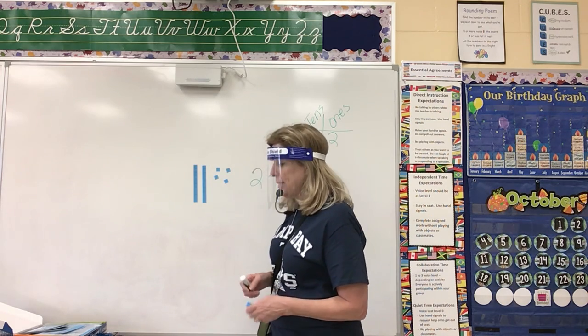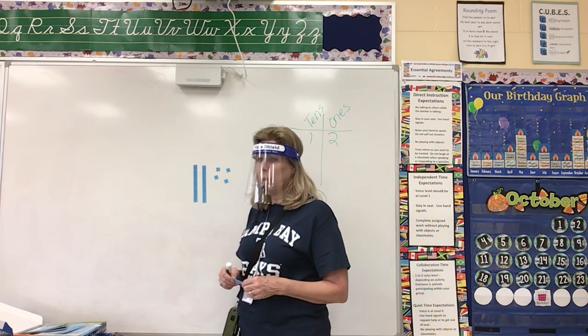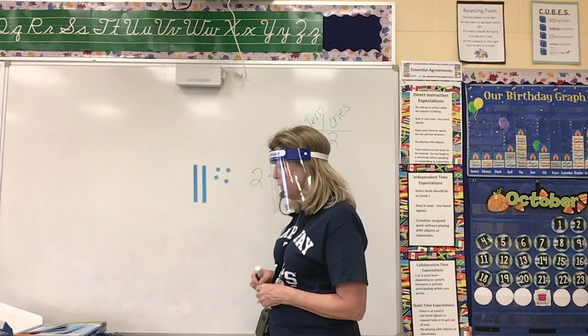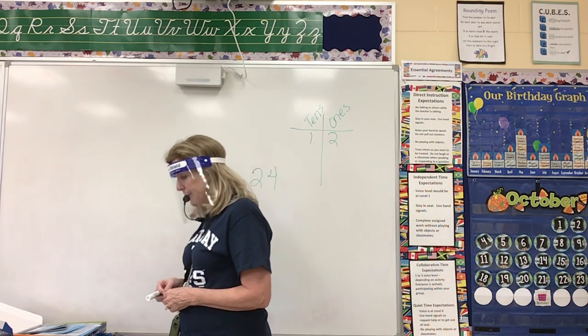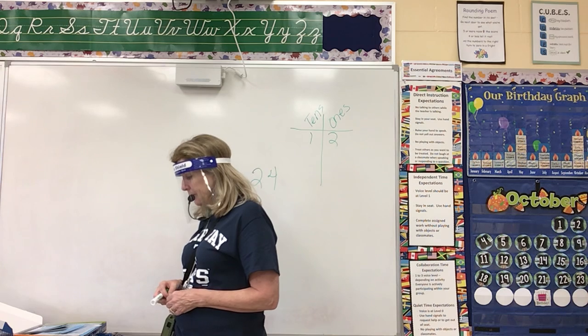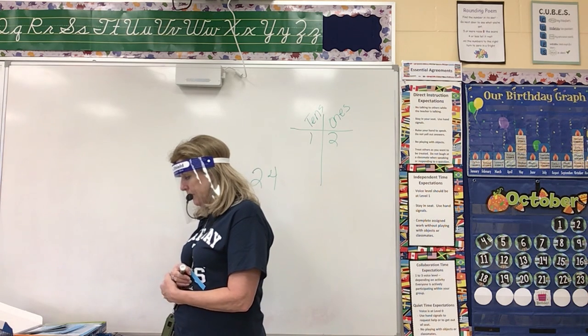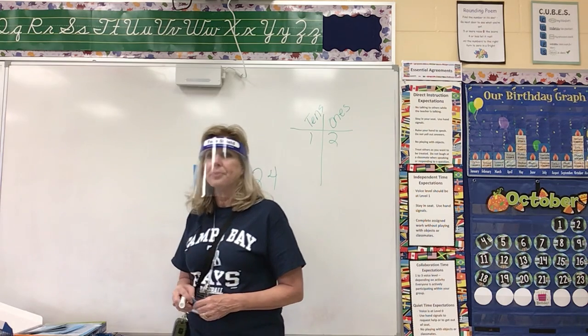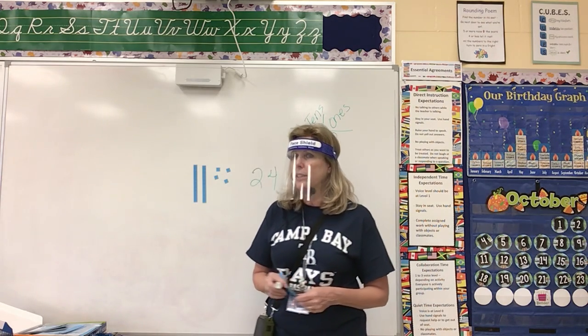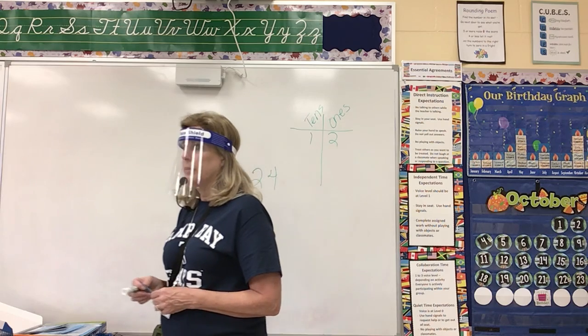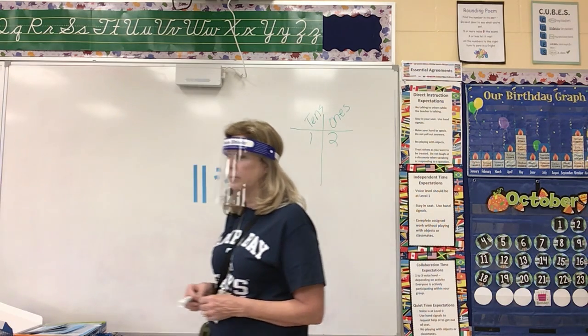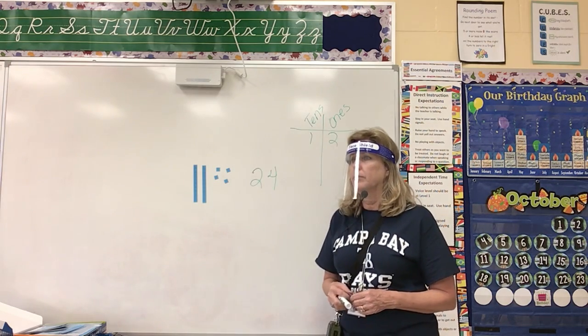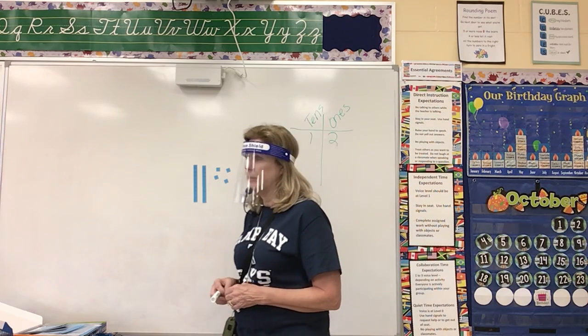All right, so let's look at number 1. Circle the groups of 10. How many groups of 10 are we going to get? So go ahead and look and go ahead and circle those. Raise your hand when you've got an answer. Did you do it yet, Eli?